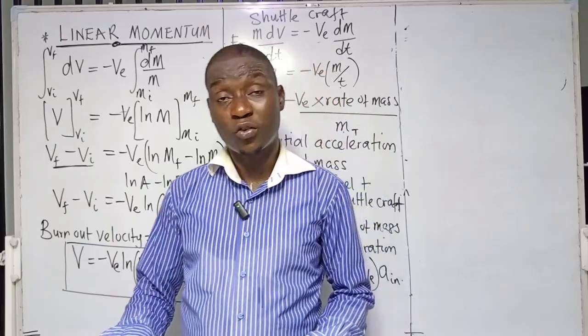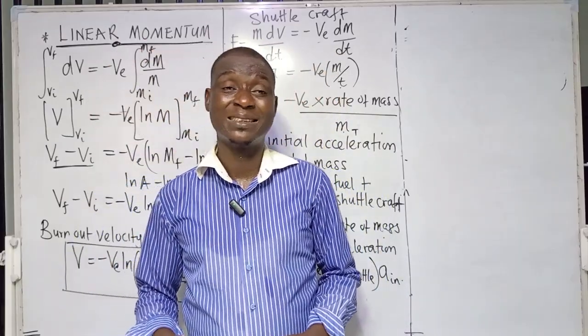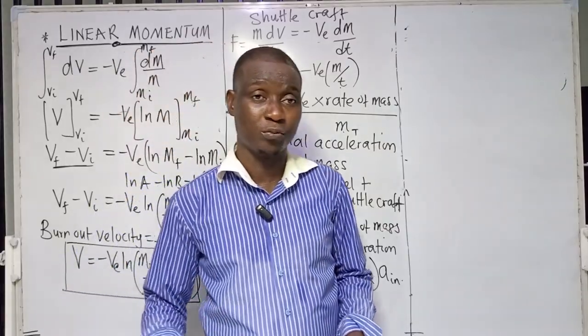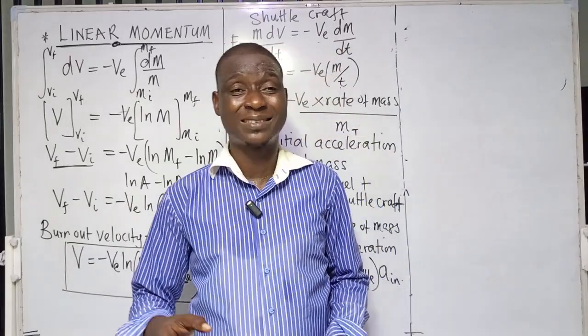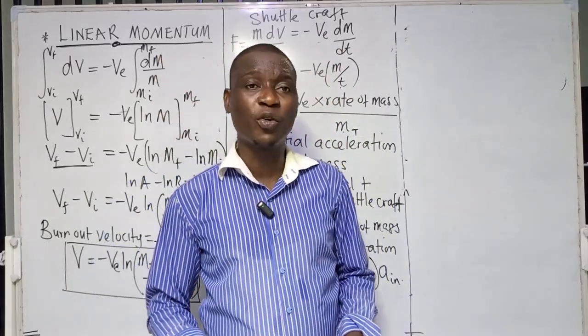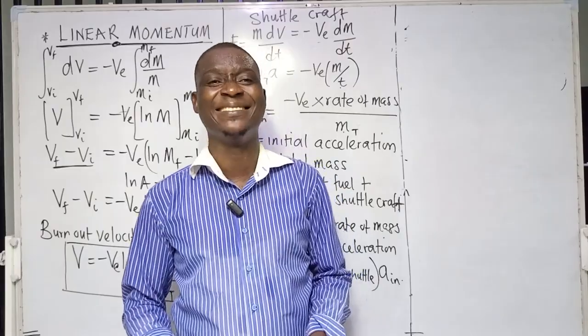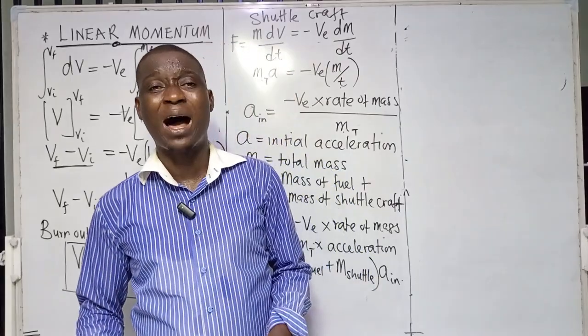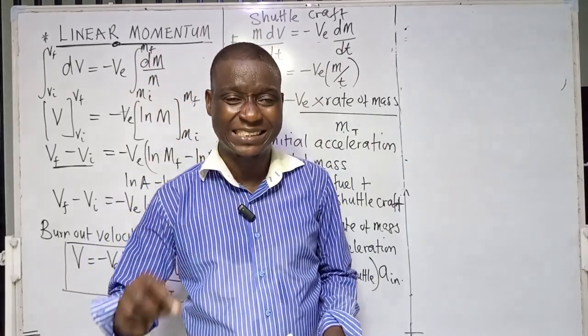Wrong. So the first one is correct. That says that Newton's third law is applicable to the law of conservation of momentum. Number two is also correct. That says that the internal forces do not violate the law of conservation of momentum because they produce equal and opposite pairs within the system.